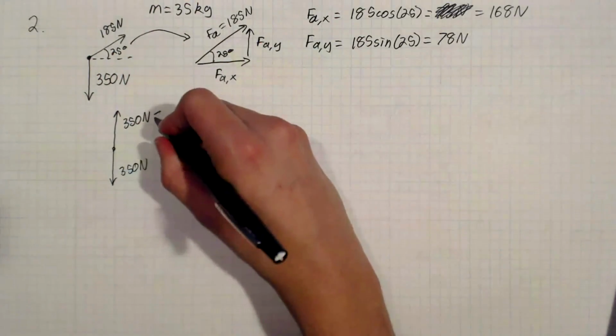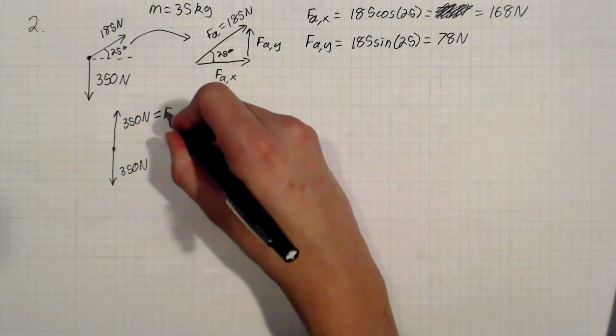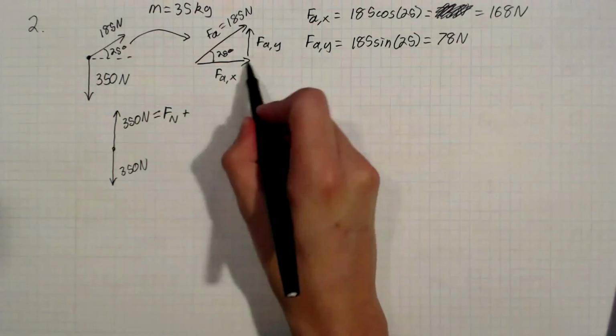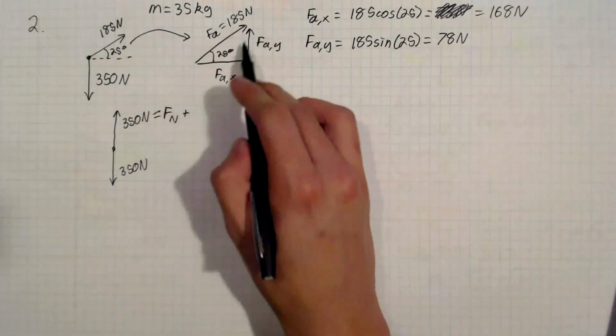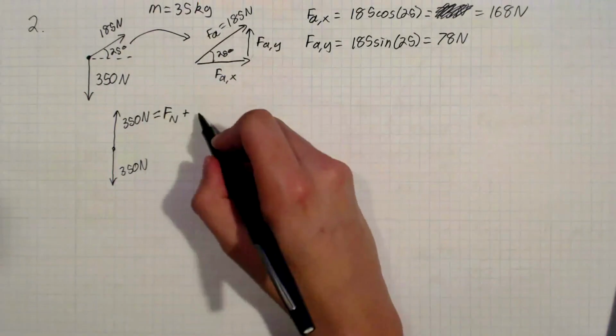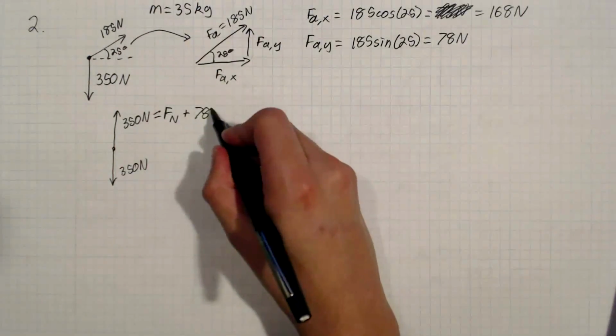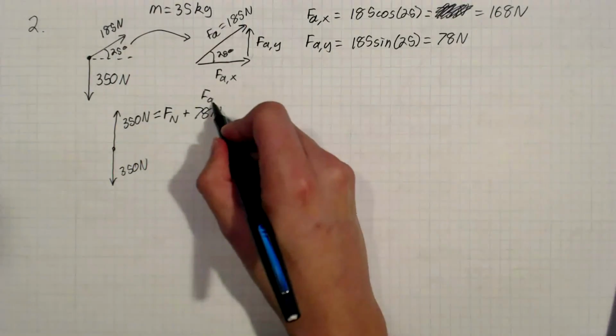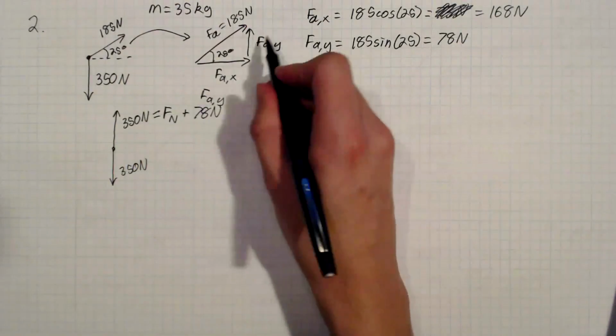But it's composed of the normal force and the upward force of the applied force, which is 78 newtons. I guess I should have written what that was. Yeah, the y component of that force.